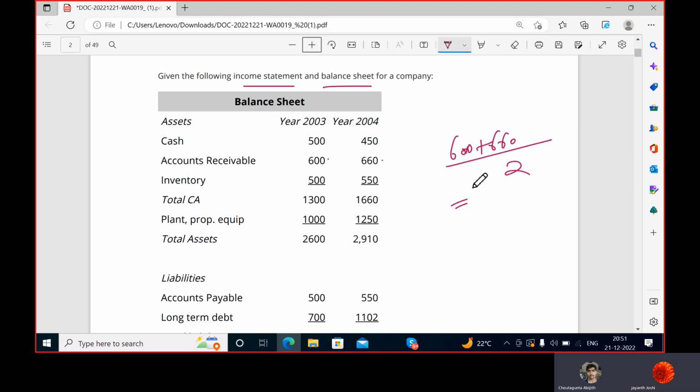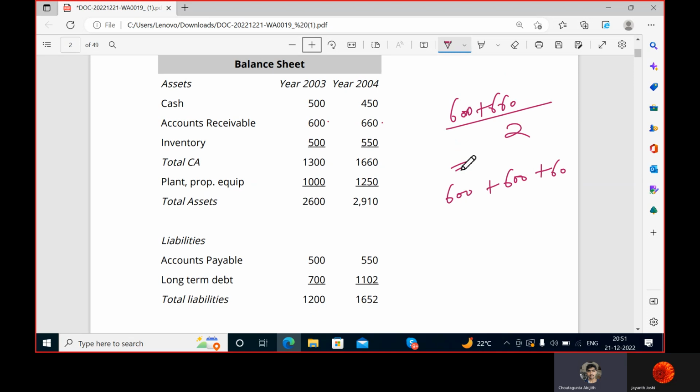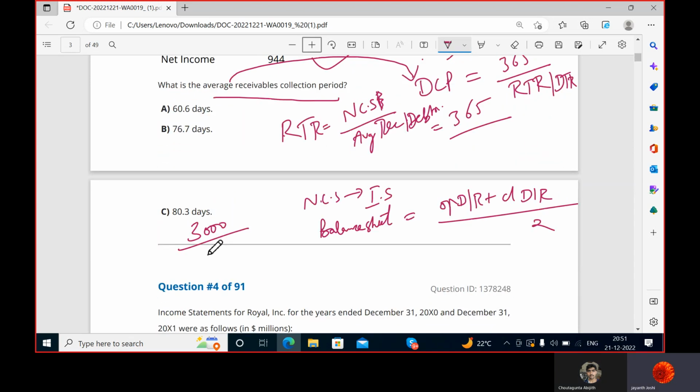1260 by 2. We can take 600 and 60, 300, 330, 630. So 630 is your average receivables.